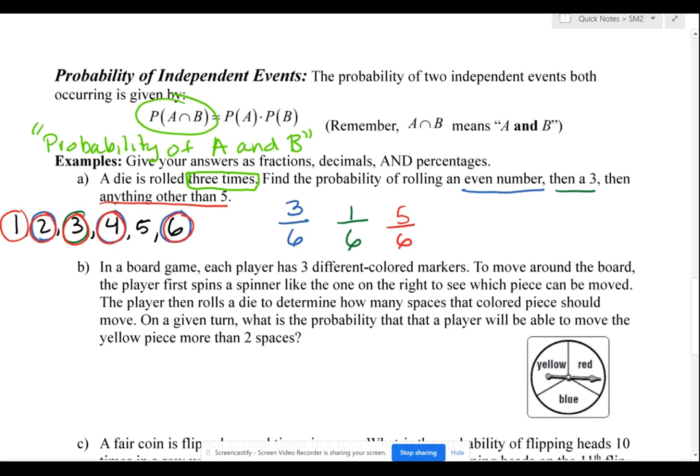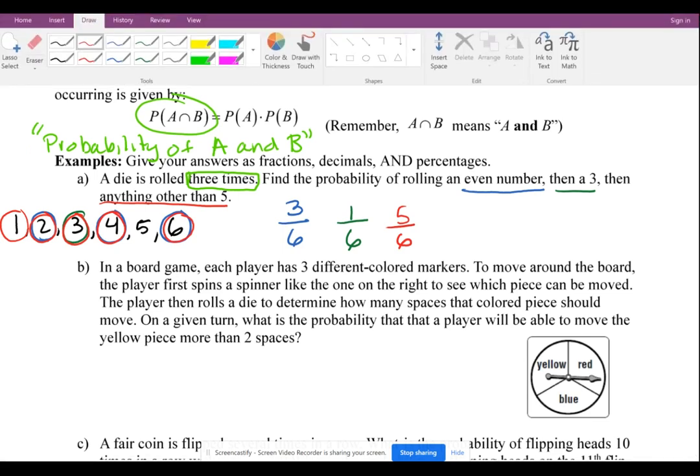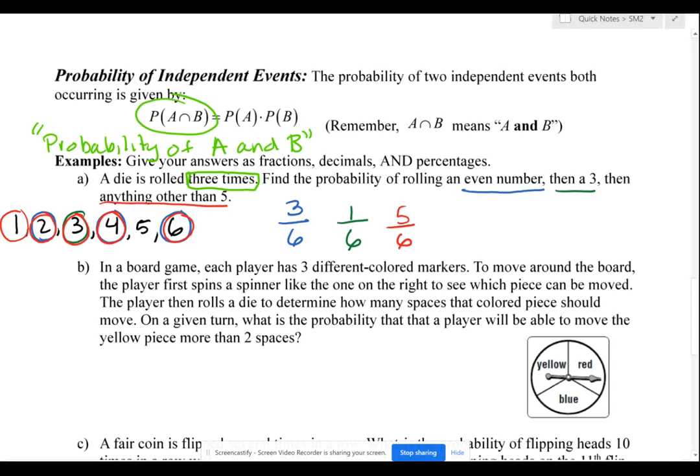Those are my 3 rolls, and in order to find the probability of all of those happening, I'm going to multiply them together. And we've already multiplied fractions. Remember, when we multiply fractions, we multiply the top. We go 3 times 1 times 5. If you can do that, great. It's 15. If not, grab that calculator.